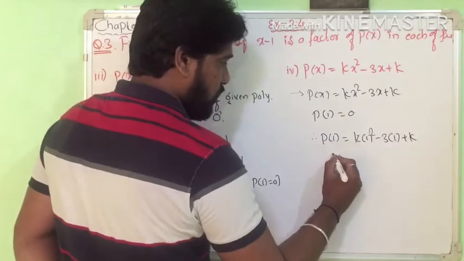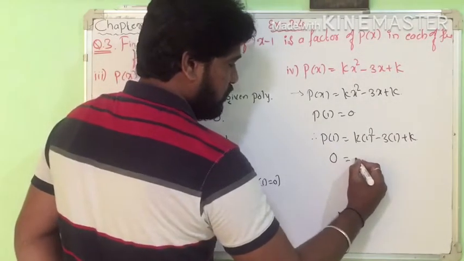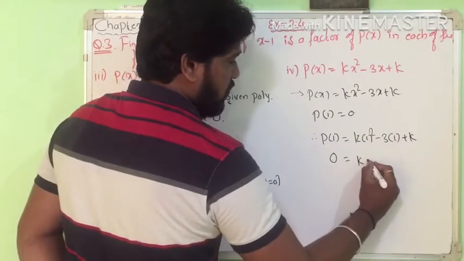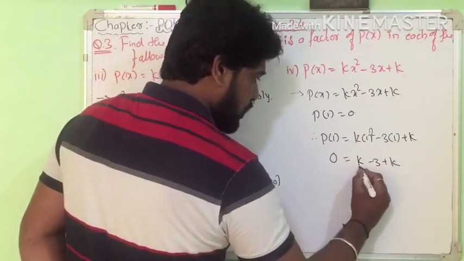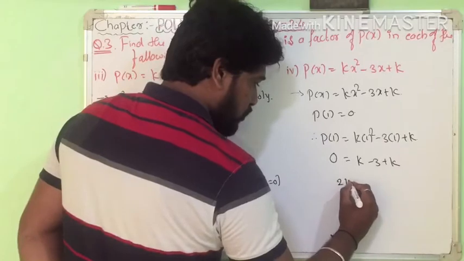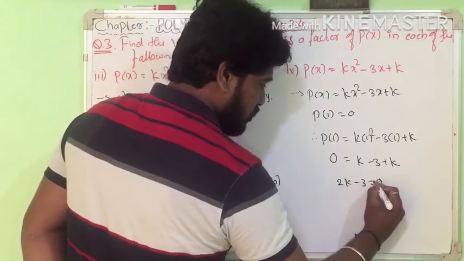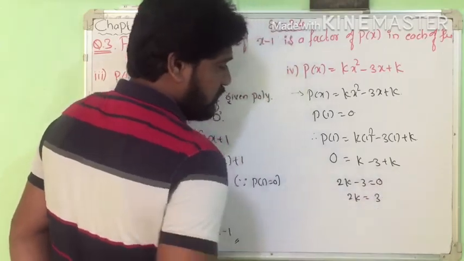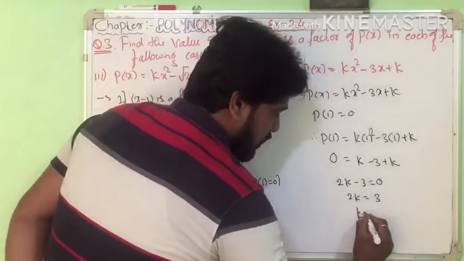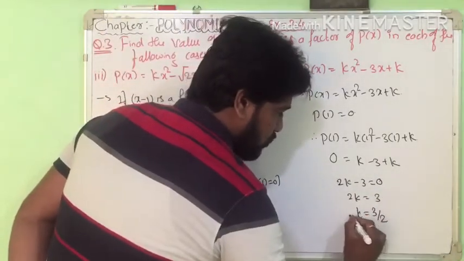So p of 1 is 0, so 1 square times k minus 3 plus k, so k plus k, 2k minus 3 is equal to 0. Then 2k is equal to plus 3, as 3 comes to the RHS side and becomes plus. Then k is equal to 3 by 2.